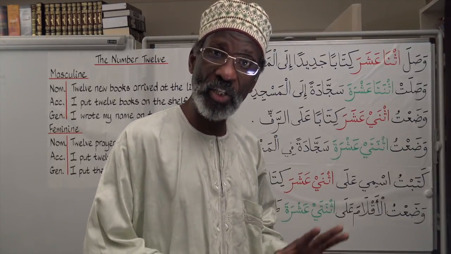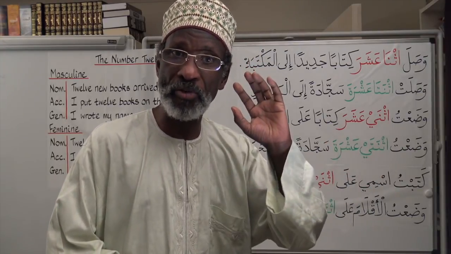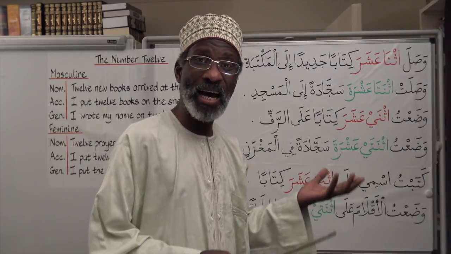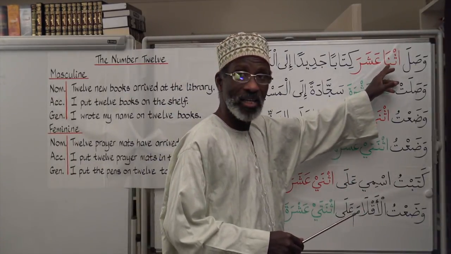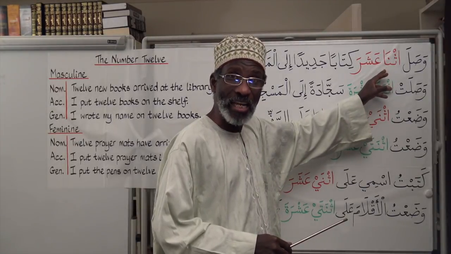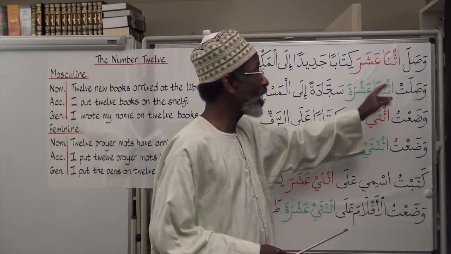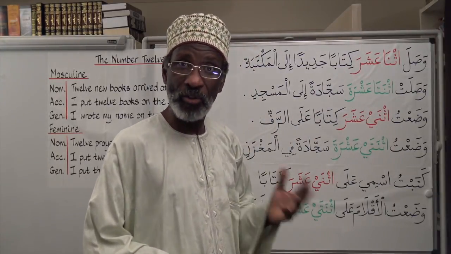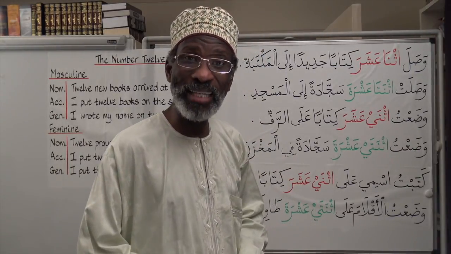But when it's used in compound numbers, that noun will be removed because it's like a possessive construction, really. So don't say ithnani, you say ithna, the noun is gone. Ithna ashara. And you still end up with the fatha at the end of the number 10.